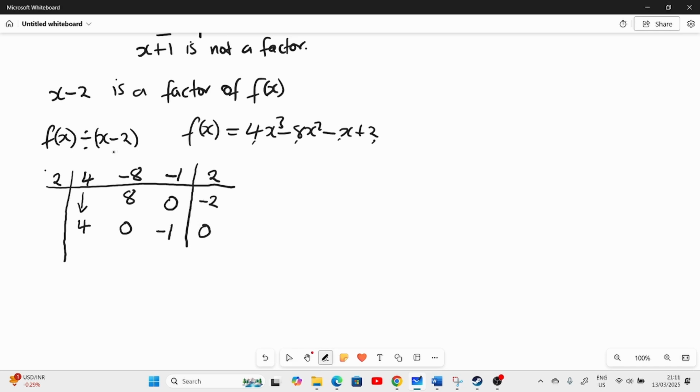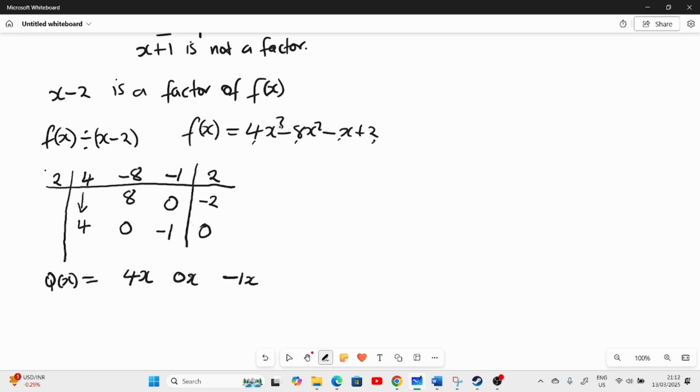If x minus 2 is indeed a factor, you should always get a 0 here, because then the remainder is 0. The new polynomial, the quotient polynomial, has the coefficients 4, 0 and negative 1. The highest power is one degree less than the dividend polynomial.